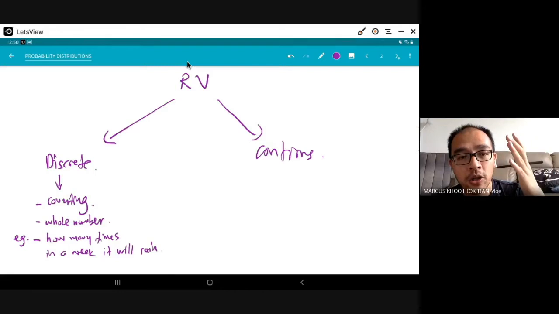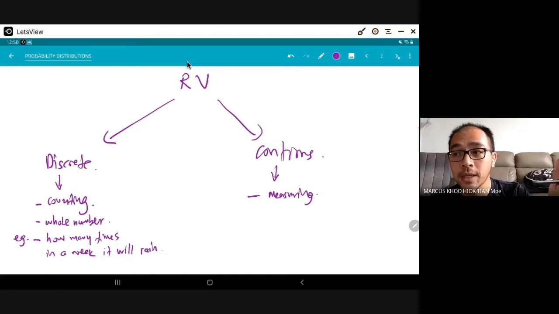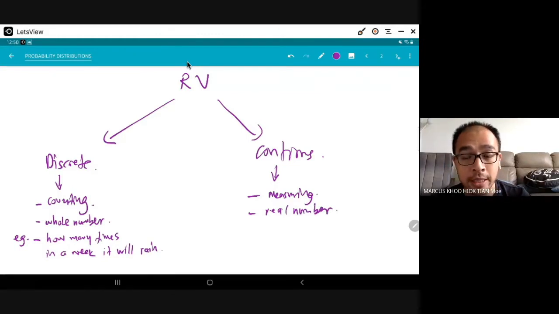Now continuous random variables are obtained not by counting but by measuring. You have to measure, and then you take on real number values. When we say real number, this includes whole numbers, but it also includes decimal places.